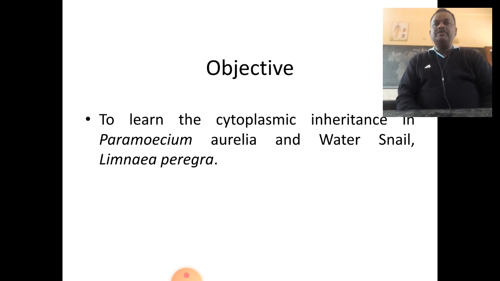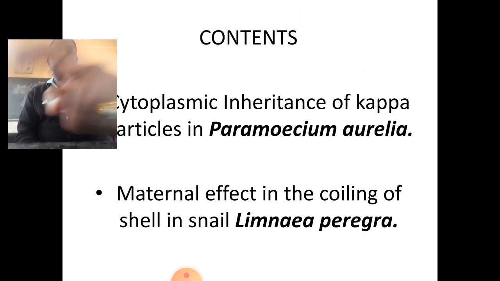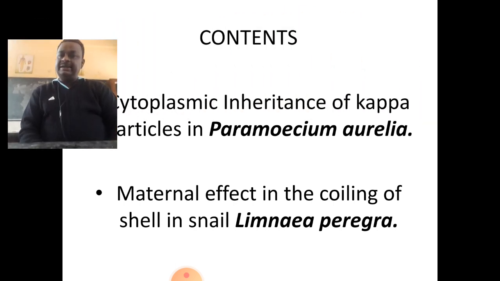The objective of today's session is to learn the cytoplasmic inheritance in two different organisms, that is Paramecium aurelia and water snail Lemnia peregrina. The content includes cytoplasmic inheritance of Kappa particles in Paramecium aurelia and maternal effect in the coiling of shells, that is chirality, in the water snail, namely Lemnia peregrina.